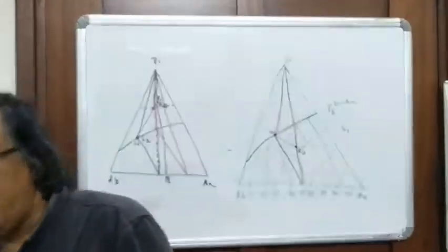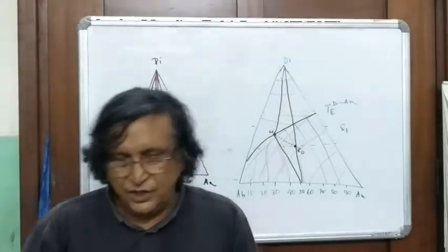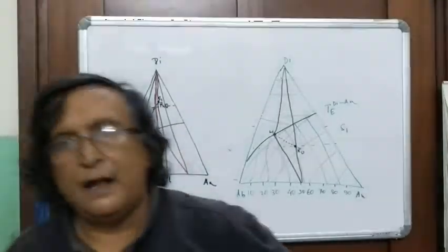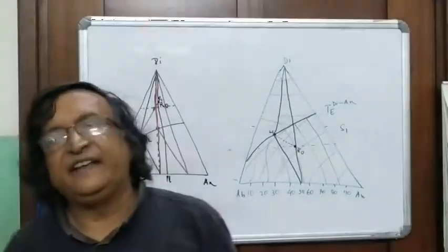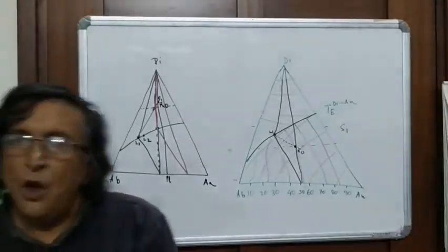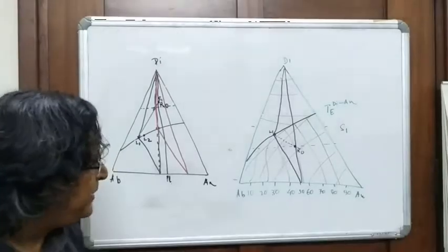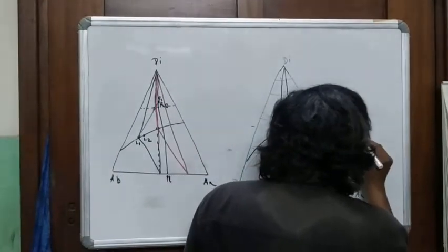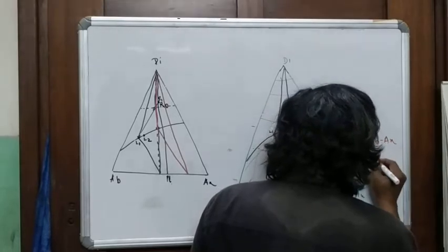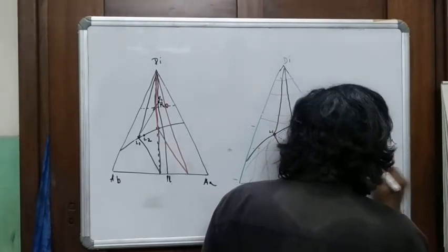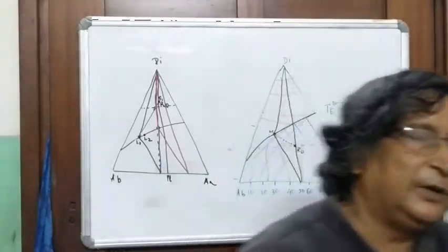I will give you an advice. I will give you several advices at this point of time. On the internet, you will find ternary diagrams. Also on the internet, if you type diopside, albite, anorthite ternary system, you will find the positions of the isotherms.